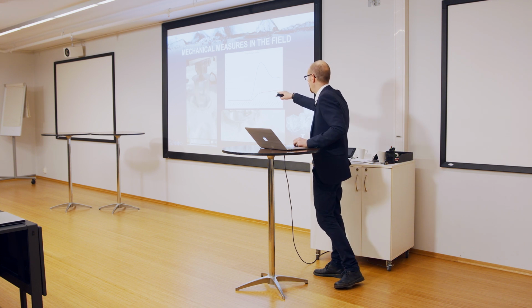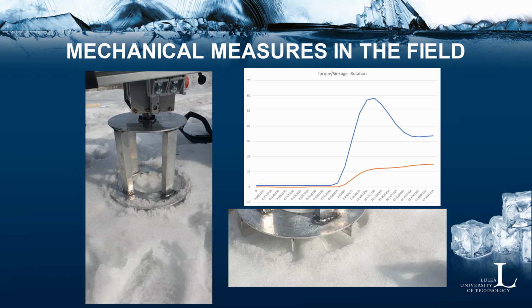Now this is after the measurement, but the idea is to put these blades down into the snow and then measure the torque that is needed to rotate them while we measure the angle. So from that we can calculate the shear force of the snow. And this is of course for the snowmobile manufacturer to be able to model the snow tracks better.